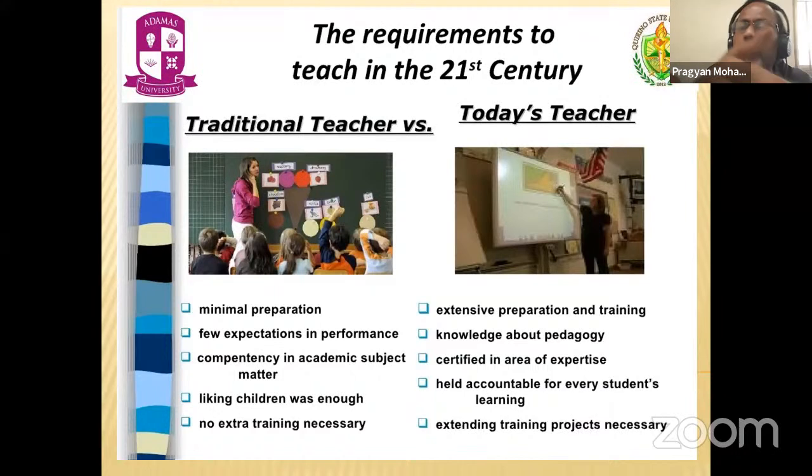Because in that traditional method, it was totally textbook driven, a particular concise topic that is to be taught by the teacher through the lecture method. So the teacher has to only keep in mind the total concept of the content. That's all.